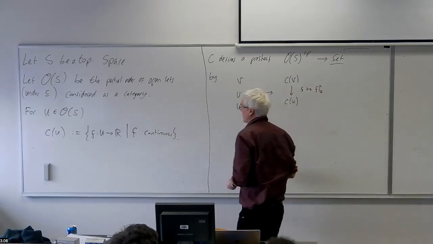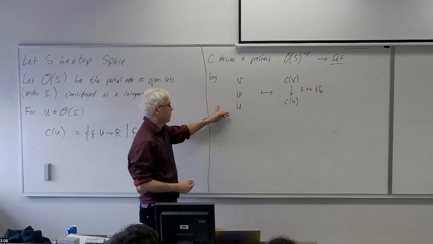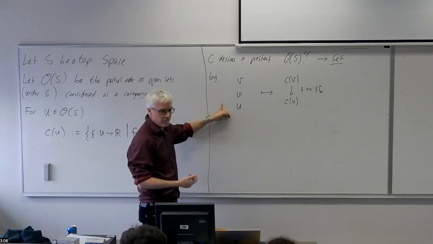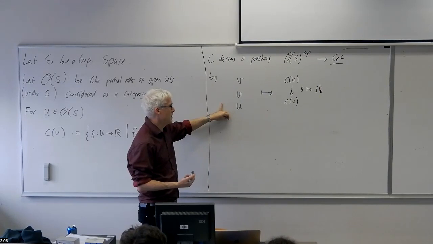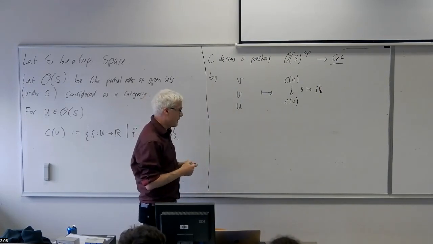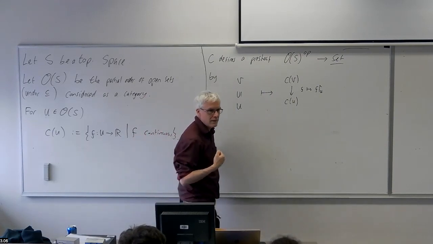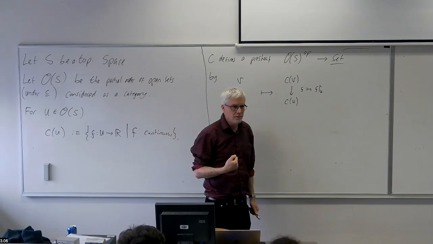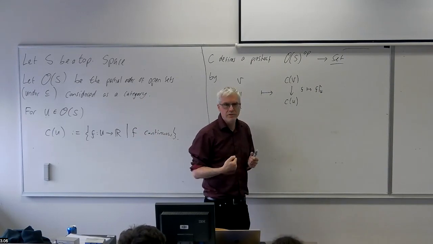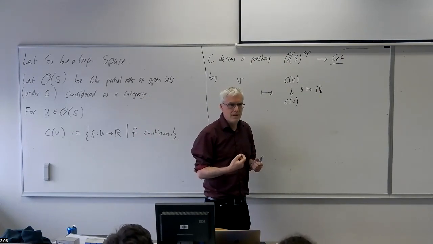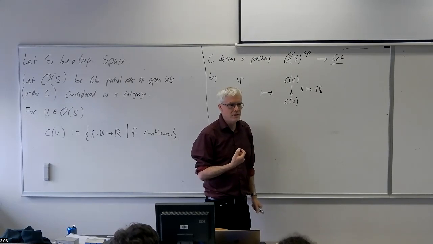Now this pre-sheaf satisfies a further property, and that further property is what makes it a sheaf. Intuitively, this further property amounts to the following mathematical fact: determining whether or not a function is continuous amounts to testing it for continuity locally around every point in its domain.